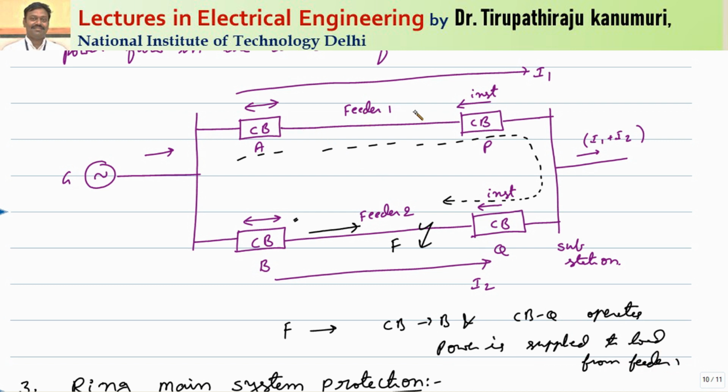Now feeder 1 is designed to operate for a particular current. For a little bit of time, it will operate at an overload, and the operator who is operating the substation will know that some section is disconnected. So he can disconnect some of the load so that the overloading on this feeder is removed. So continuity of supply is not interrupted using this.